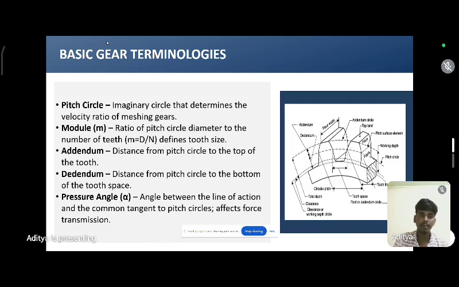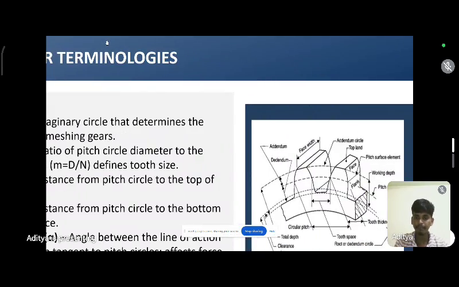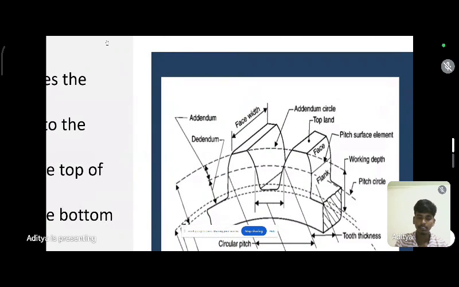Then this is the gear terminology. Here in this diagram, this is known as the pitch circle. Then this is the addendum circle and this is the dedendum circle. The height between the addendum circle and the pitch circle is known as the addendum, and the height between the pitch circle and the dedendum circle is known as the dedendum.